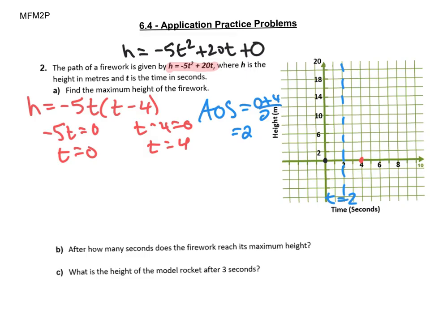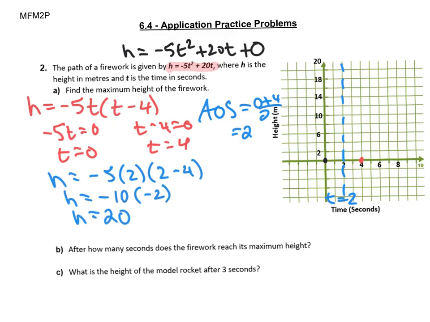We'll substitute that into our equation. So this tells us that the y value of our vertex is 20. Our vertex itself is (2, 20), because we know that from our axis of symmetry and our maximum value.